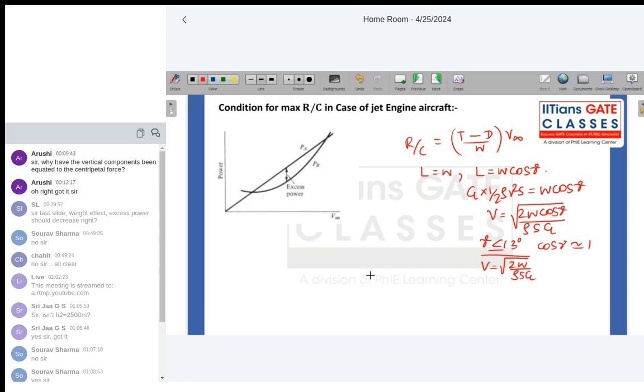So rate of climb can be written as thrust divided by weight minus drag divided by weight into root of 2W by rho S CL.